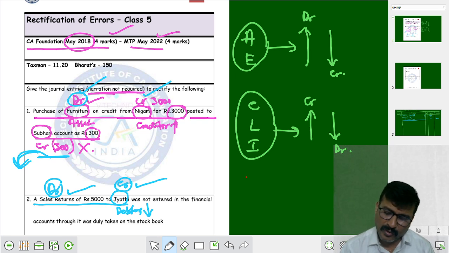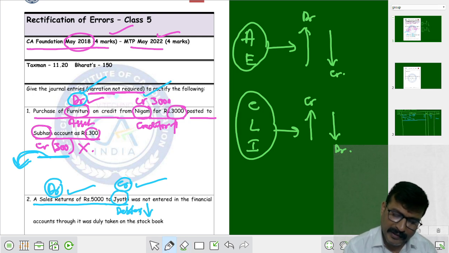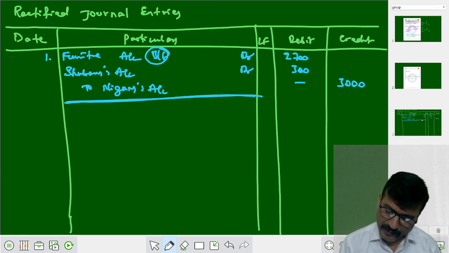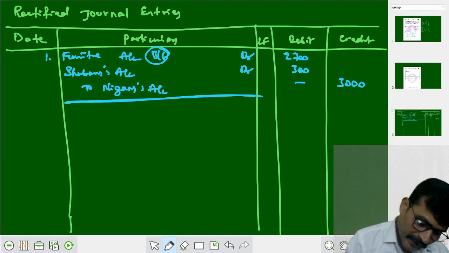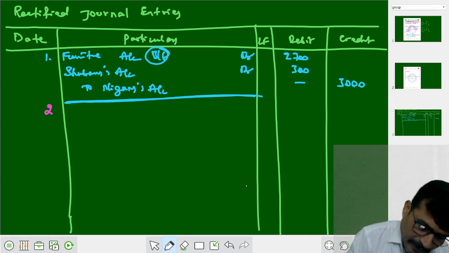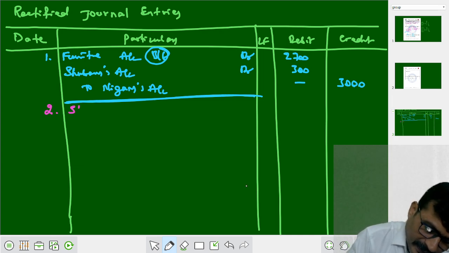Now what do we have to do? We have to pass the journal entry, that is, it is to be debited, and this one is to be credited. Now your journal entry will be what? So here the entry number is B point, the second point. What is that entry?